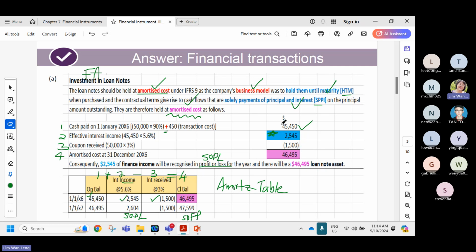So 1 plus 2 minus 3, you're going to get this last figure. This figure will go to the SOFP. Okay, so this means that the first illustration, part A, is already completed. Understand? Can we move on?